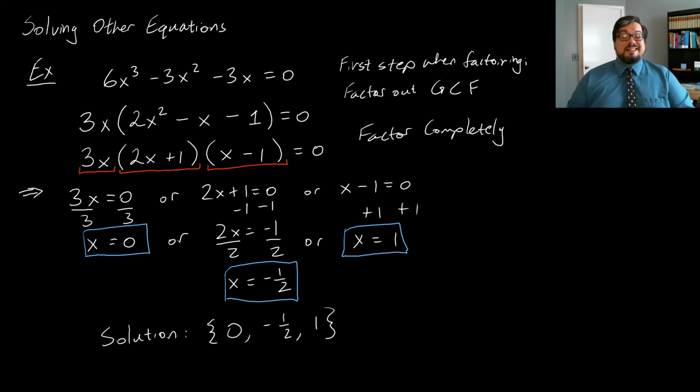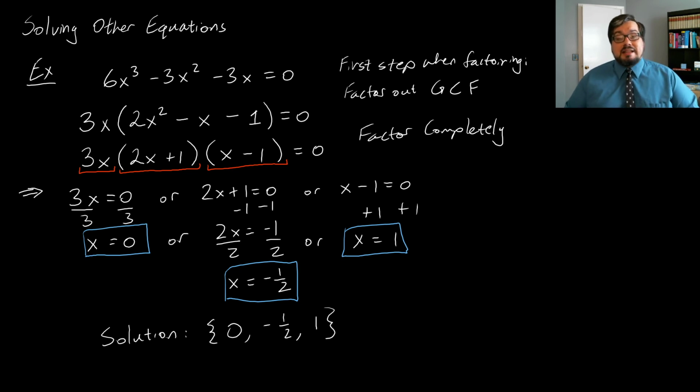This equation actually has 3 solutions to it. Now, you'll notice that when we worked with quadratic equations, degree 2 polynomials, we got 2 solutions out of it most of the time. Sometimes fewer, but never more than 2. And here, with a degree 3 polynomial, we've gotten 3 solutions out of it.